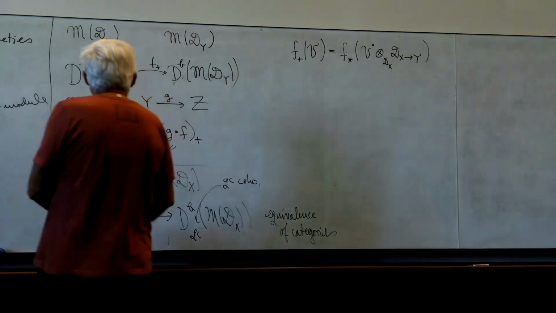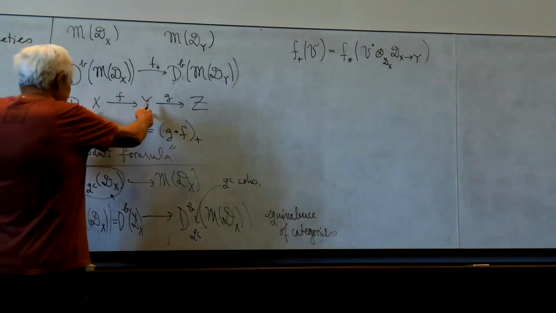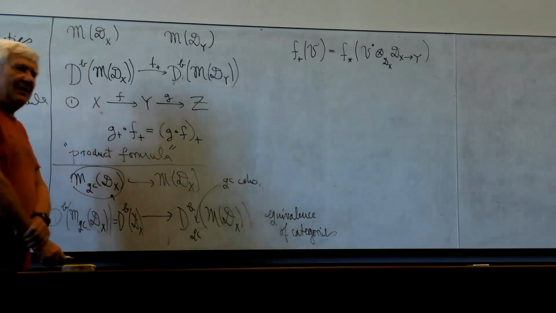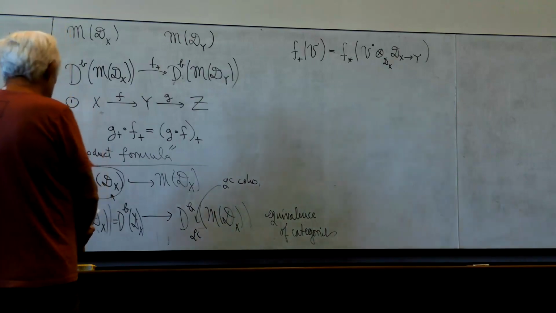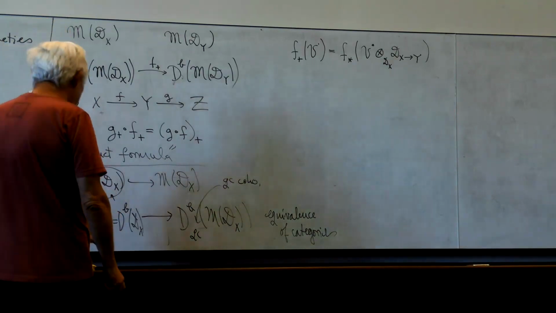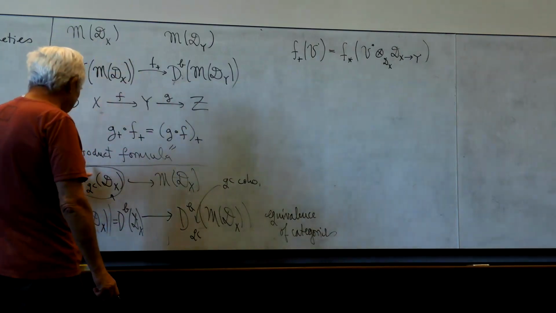So basically, the idea is that if you prove that this functor preserves quasi-coherence, then you can start with this category and use this equivalence.